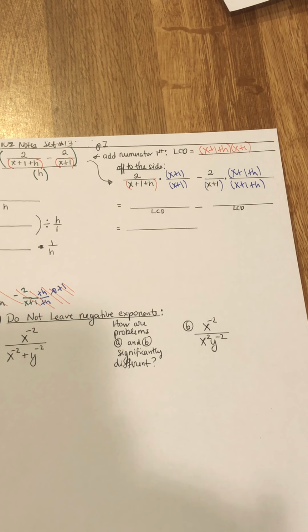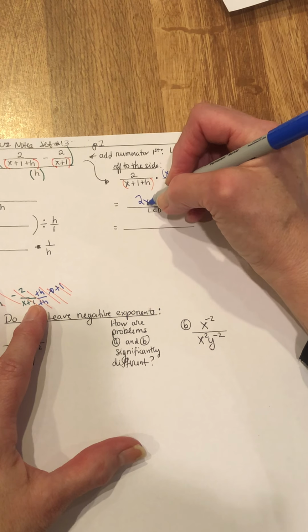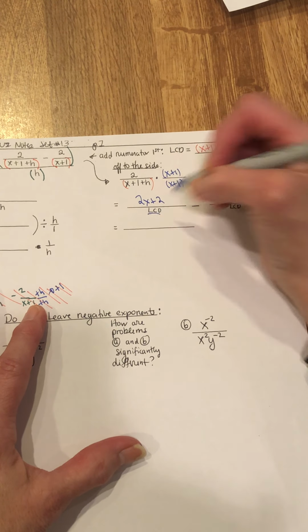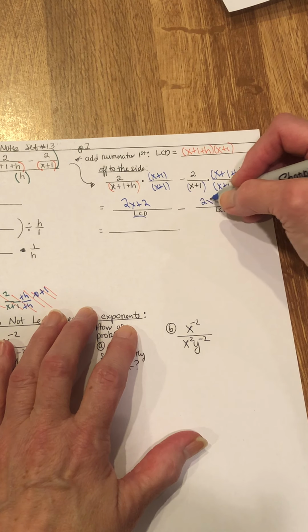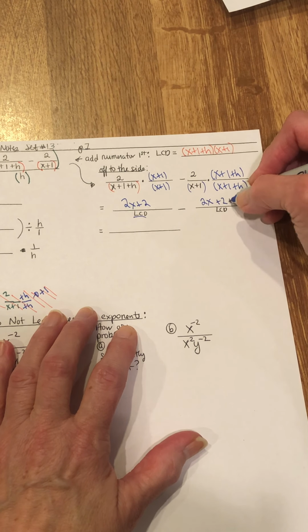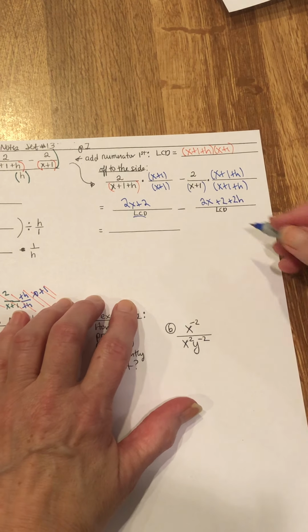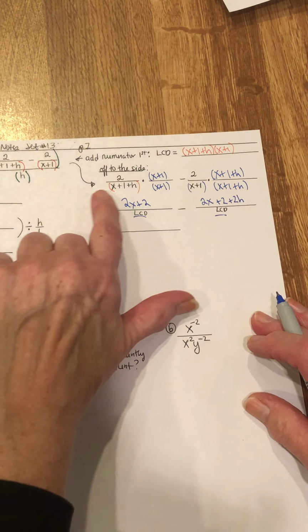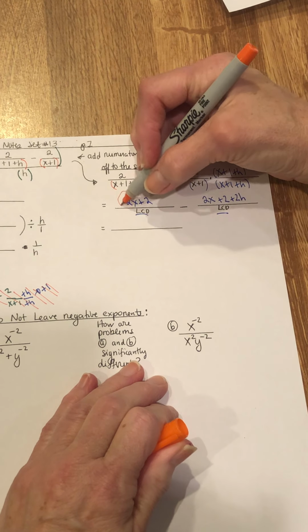Remember, we will add the numerator, so I need terms in the numerator, so I'm going to distribute the 2 over that LCD because it's gross. And I'm going to distribute the 2 here, 2x plus 2 plus 2h. And now, since they have a common denominator, I can add the numerators.